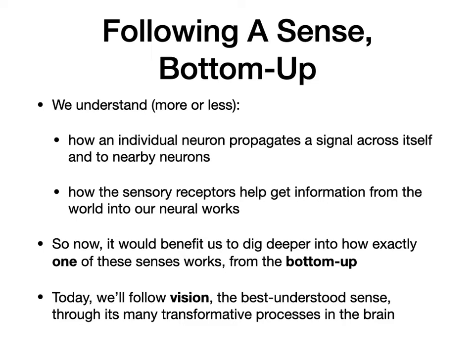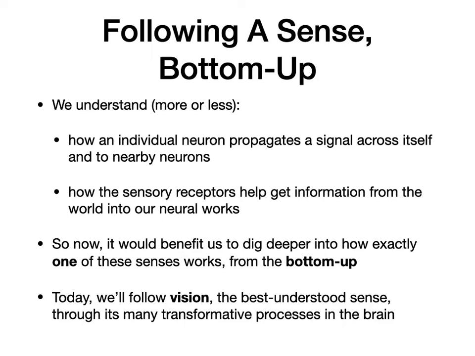So now the goal is to follow how one of these senses moves upward. So we get the basic signal in. Cool. How do we turn that into a complex thought, right? So from the bottom up. Today we're going to follow vision.